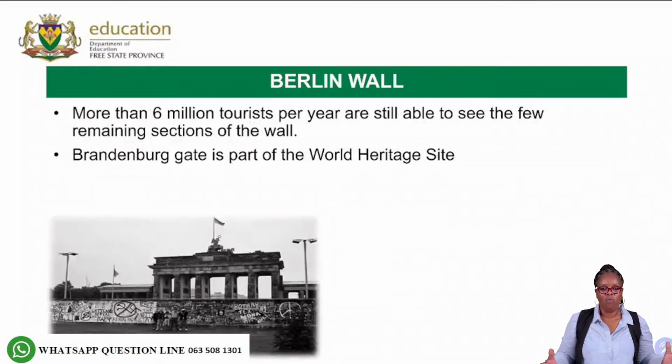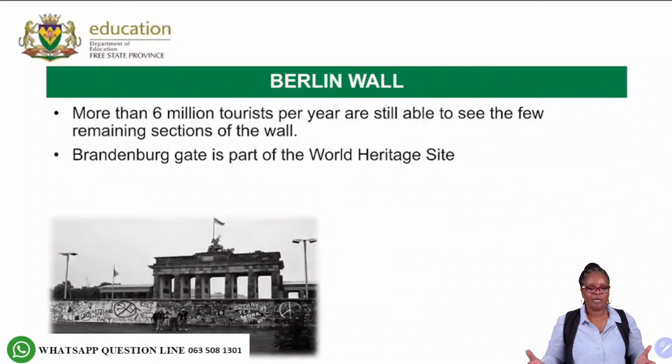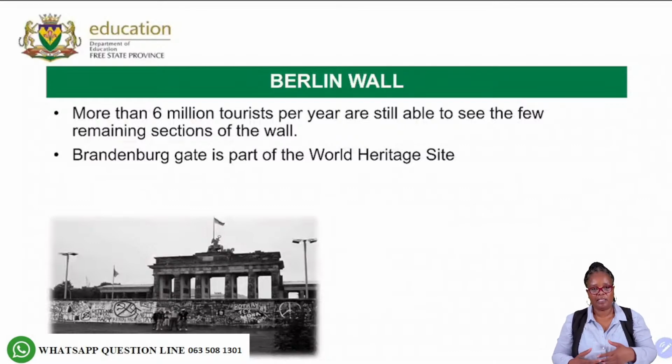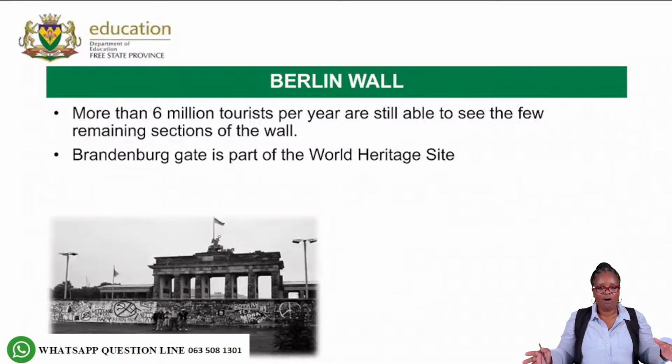So now people can move freely between the two sides of Berlin. The East and the West were now united. Remember, we said that the reason that makes it unique is because it's a symbol of division and then later on of unification.